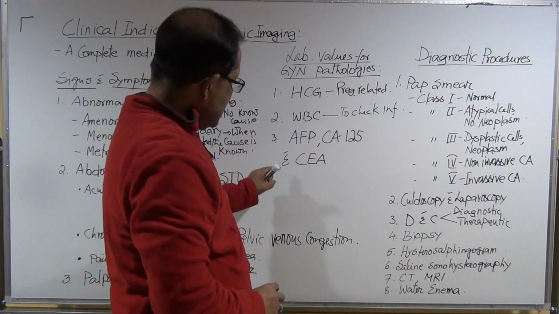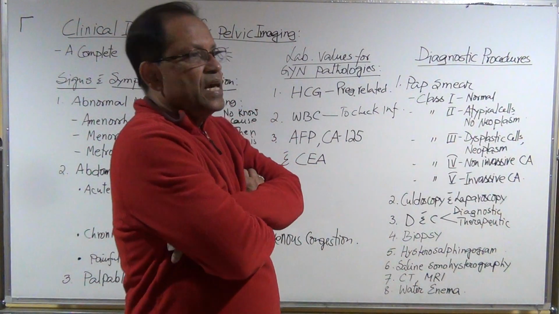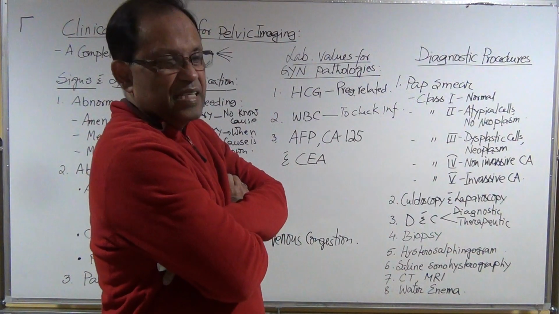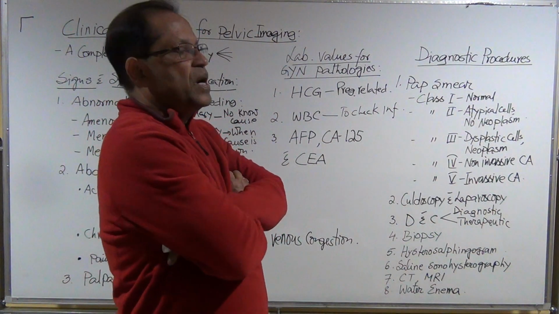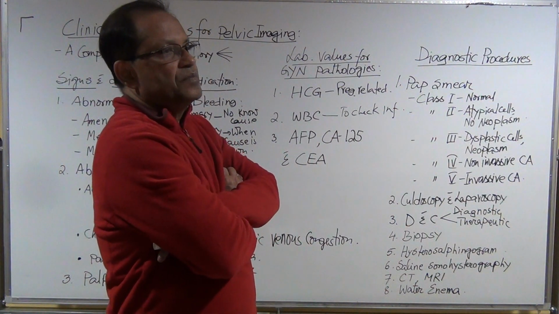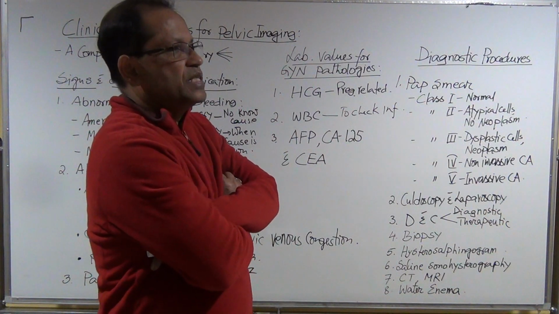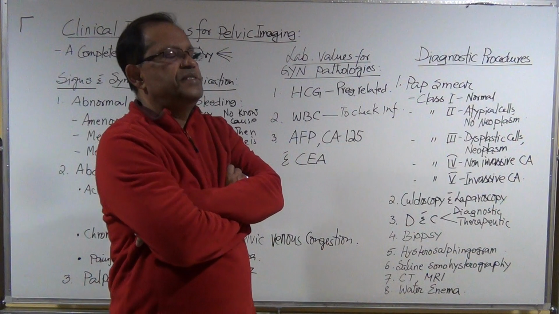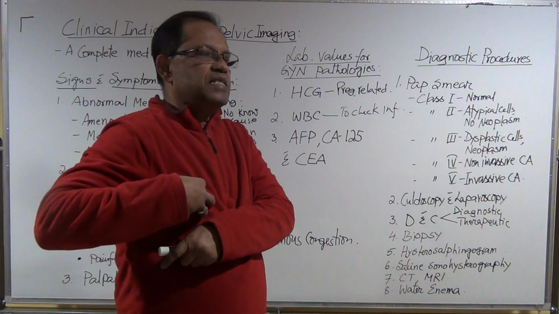Another marker you should know is BRCA1 and BRCA2, breast carcinoma 1 and breast carcinoma 2, because there are some suppressor genes that prevent cancer in the breast and the ovary.